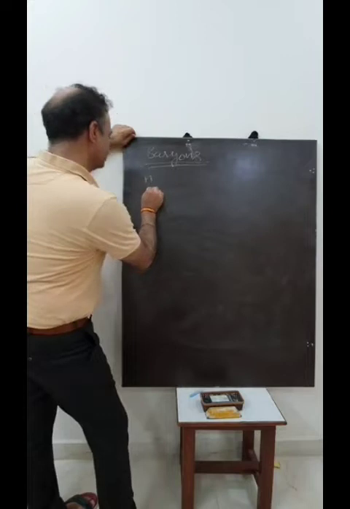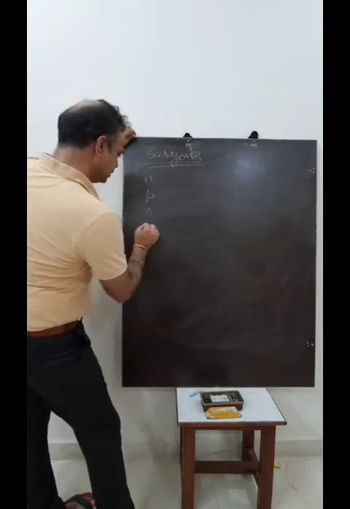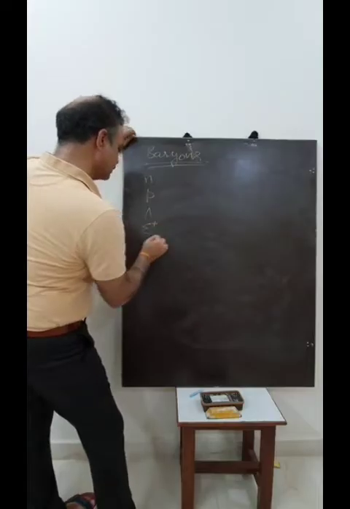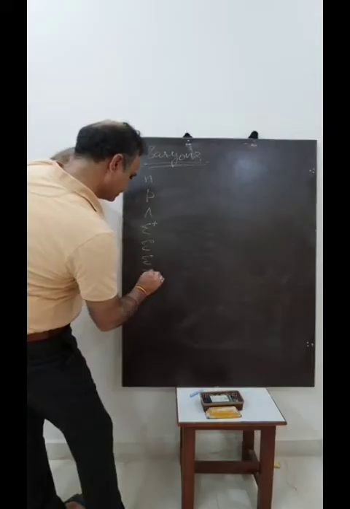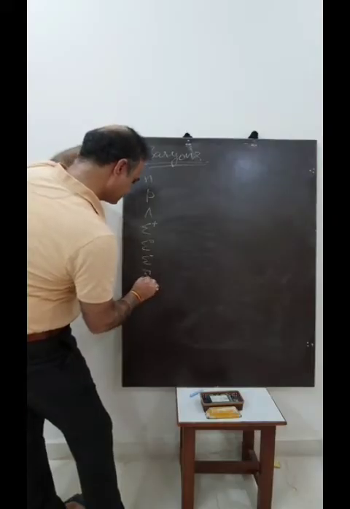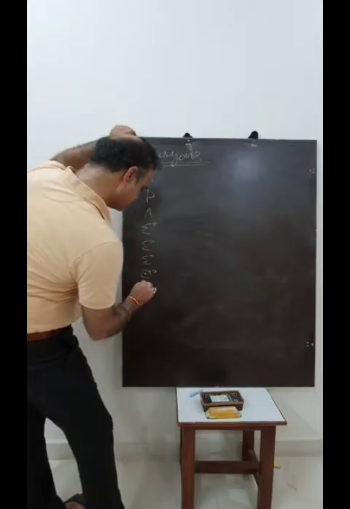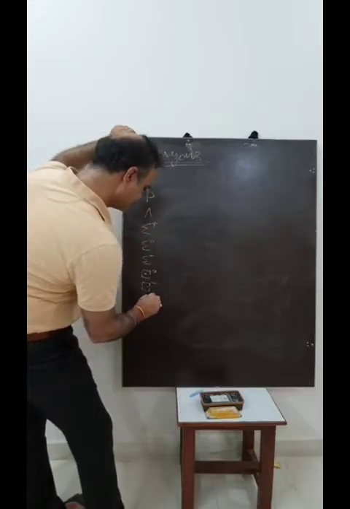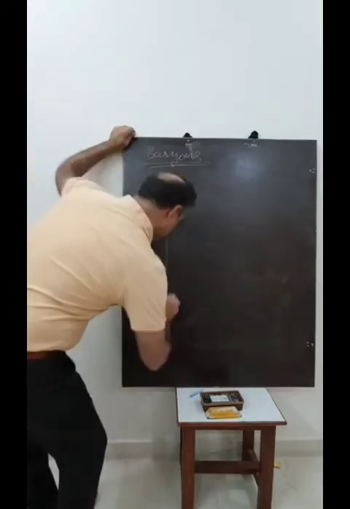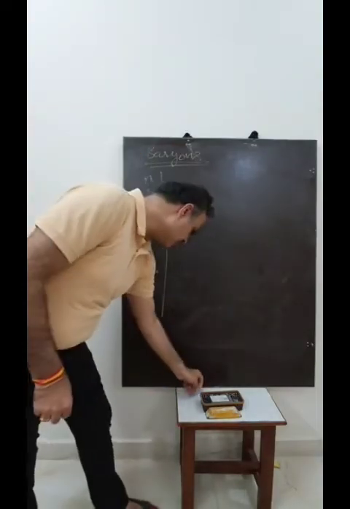This is neutron, then proton, lambda, then sigma plus, sigma naught, sigma minus, then xi naught, xi minus, and omega minus. These are the baryons which we study.